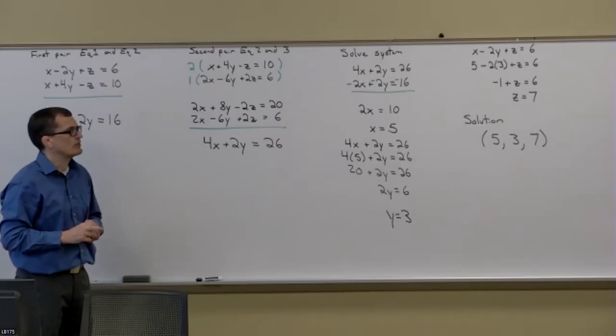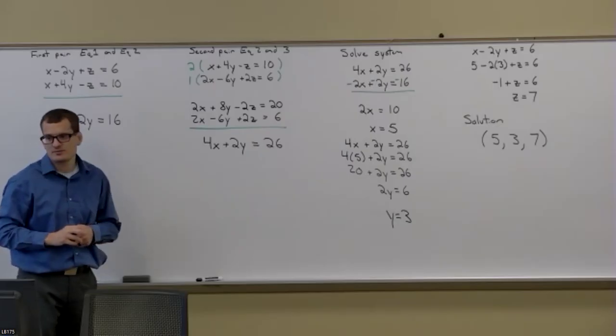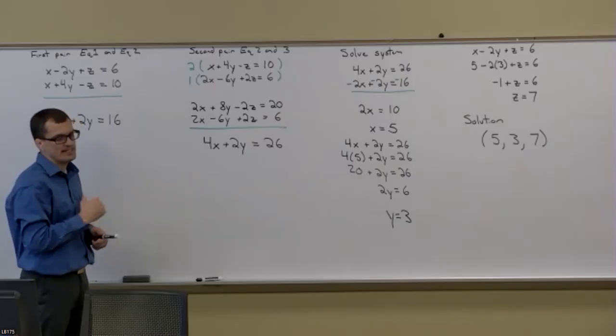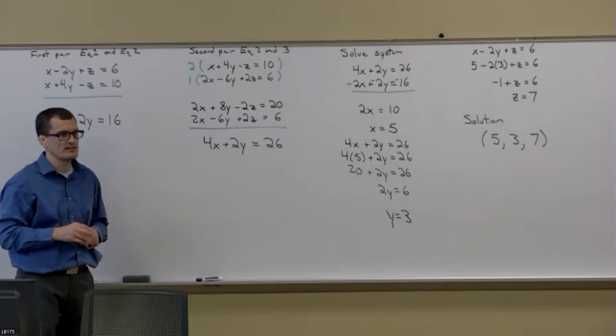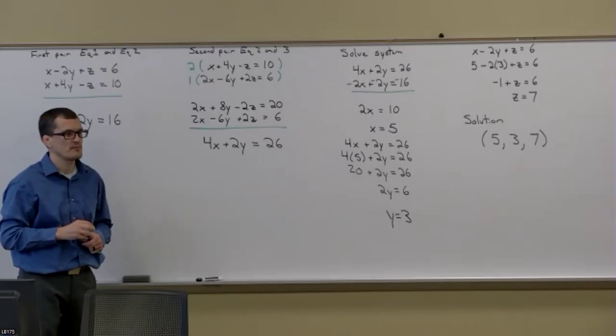When you write ordered triples, just like ordered pairs with other variables, you write it in alphabetical order. All right. So the x, y, z, alphabetical order. That makes sense.